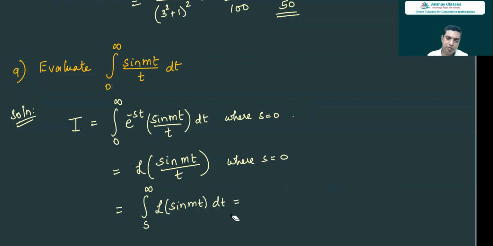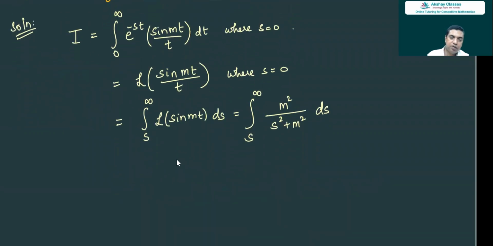The Laplace transform is in terms of s. So we get m square by s square plus m square ds. So we get this as m square into 1 by a, and 1 by a is 1 by m, tan inverse x by m.